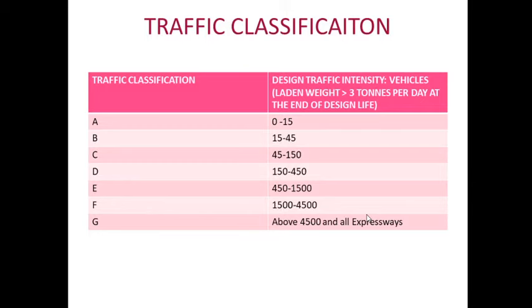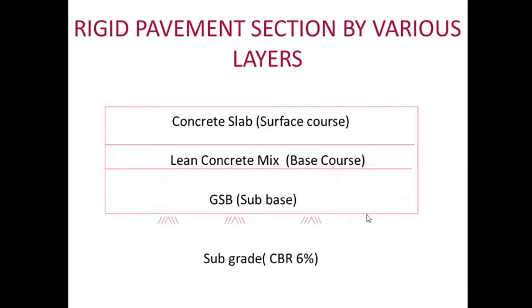Next we can discuss rigid pavement. We already discussed the pavement. Basically the pavements are classified as flexible pavement and rigid pavement. Nowadays there is semi-rigid or composite pavement, where more than one material is used.